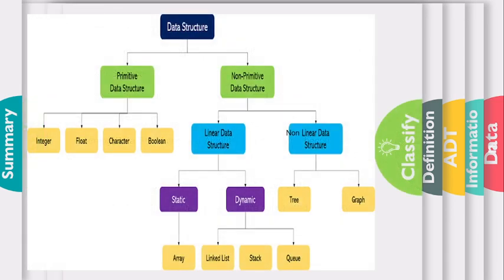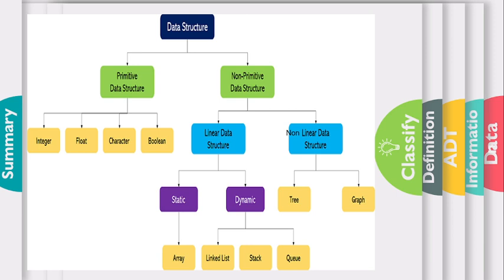Here is the classification of data structures. As we know, there are two types of data structures: primitive and non-primitive. The primitive data structures also have four types: integer, float, character, boolean. And non-primitive data structures contain linear data structures and non-linear data structures. In linear data structures, there are two types of memory allocation: static and dynamic.